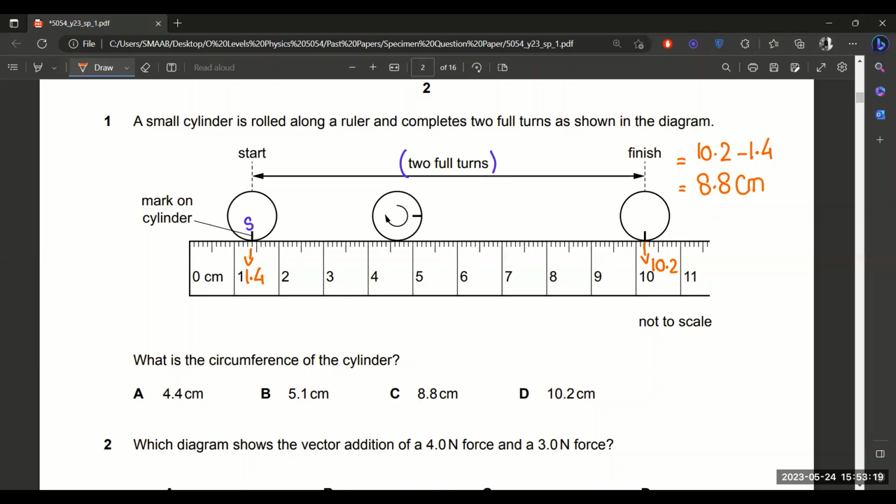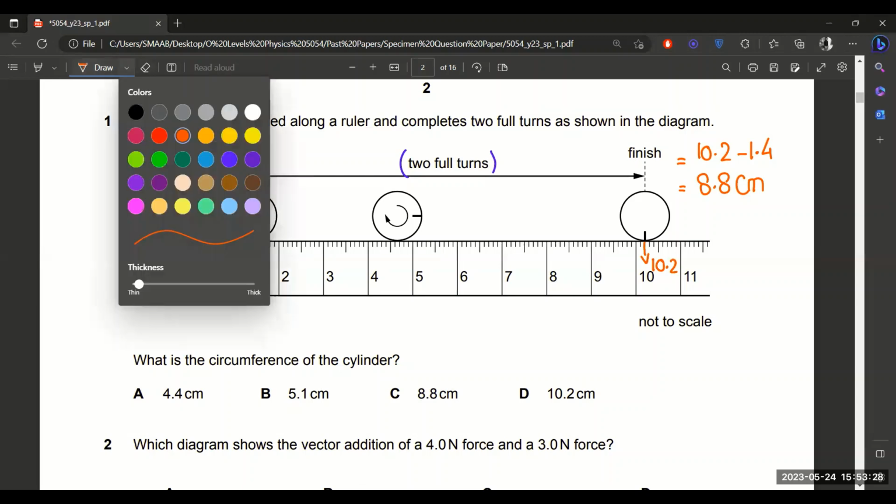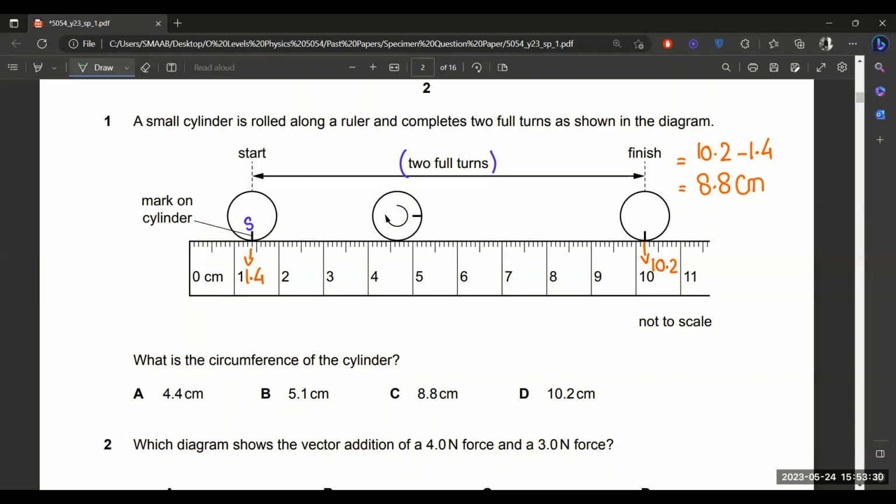Next, we need to calculate the circumference. This cylinder completed two complete circumferences. So the final calculation will be like this: two circumferences will be equal to 8.8.